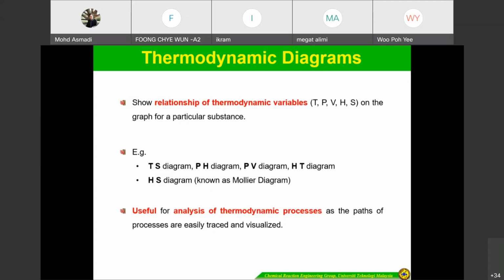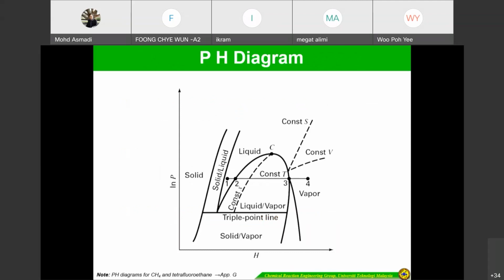For example, you have a TS diagram, PT diagram, PV diagram, PH diagram. In PV you can see the two-phase system more clearly compared with the PT diagram. But not all diagrams are available, especially for new components. I'm not sure for methane, but you have to determine from other engineering handbooks.